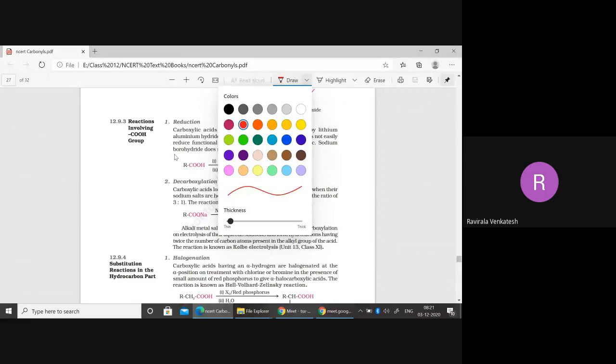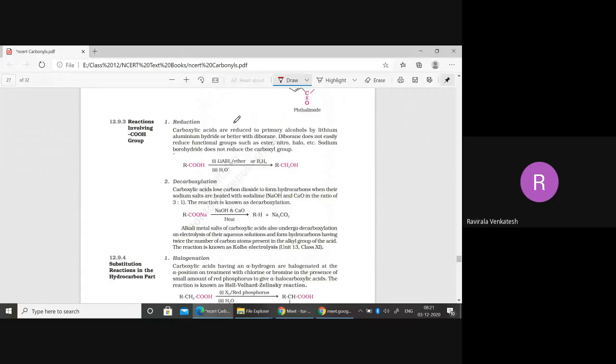Here you have to remember one thing. When you oxidize alcohol, what are we going to get? Complete oxidation with KMnO4 or K2Cr2O7 gives carboxylic acids. If you use mild oxidizing agents like Jones reagent, PCC, or PDC (pyridinium dichromate), we get aldehydes and ketones.